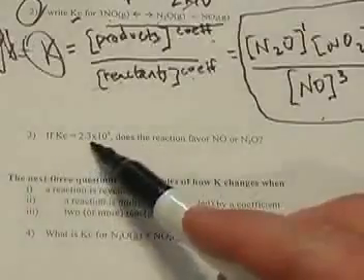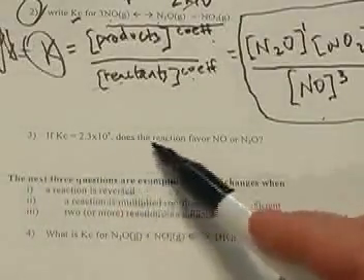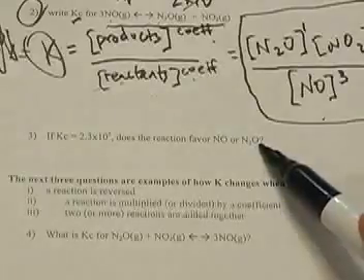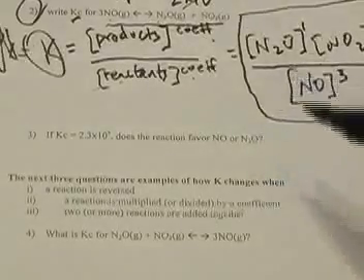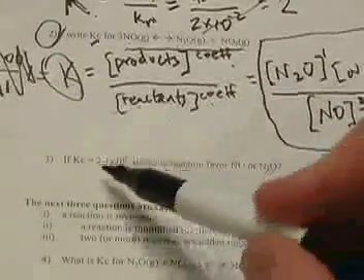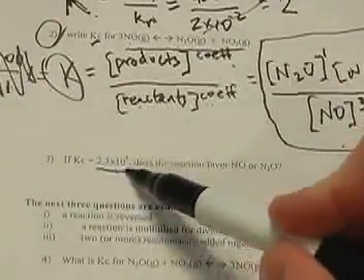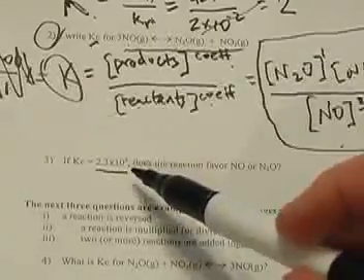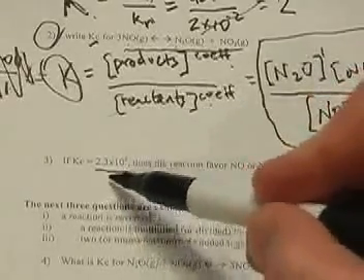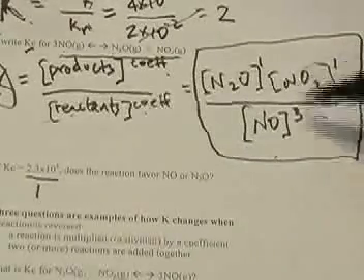If K sub C is equal to 2.3 times 10 to the 5th, does the reaction favor NO or N2O? Well, take a look at the reactants and the products here. They're telling us K sub C is a really big number, 2.3 times 10 to the 5th. That means I could write it as 2.3 times 10 to the 5th over 1, a fraction just like this.